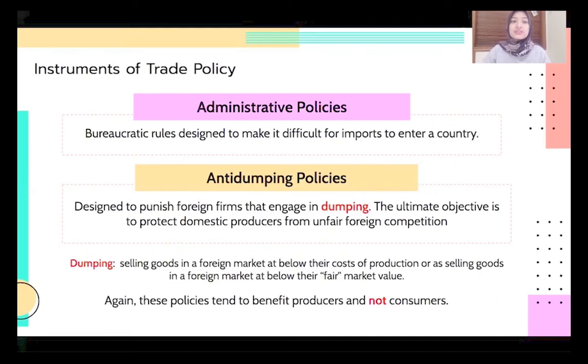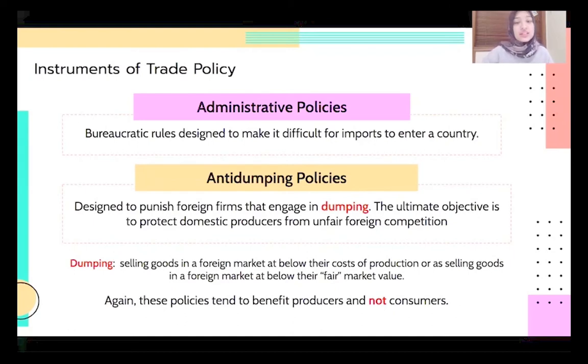The last one from instruments of trade policy is administrative policy. Administrative policies refer to bureaucratic rules designed to make it difficult for imports to enter a country. As we know, in trade there is dumping. Dumping is a practice of selling goods in a foreign market below their fair value.